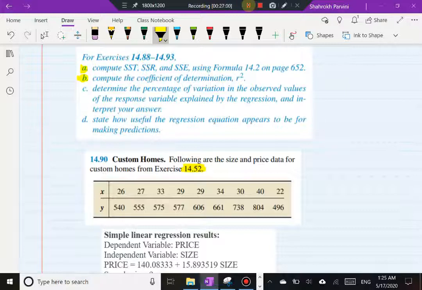In part C, determine the percentage of variation in observed values of the response variable explained by the regression. See that? Explained versus unexplained right in here. Explained by regression, and interpret your answer. We'll do that in part C. And finally, in part D, state how useful the regression equation appears to be.